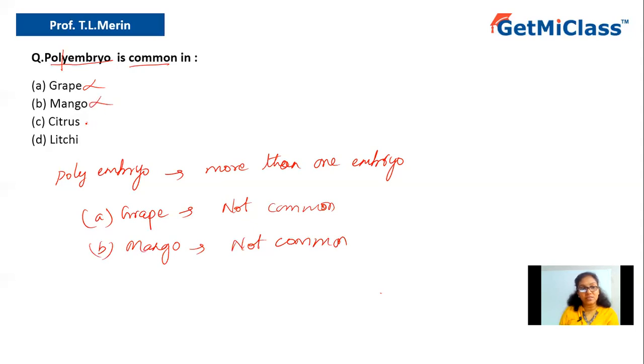Option C says citrus. Citrus is nothing but fruits like your orange and lemon. They all come under citrus fruits.